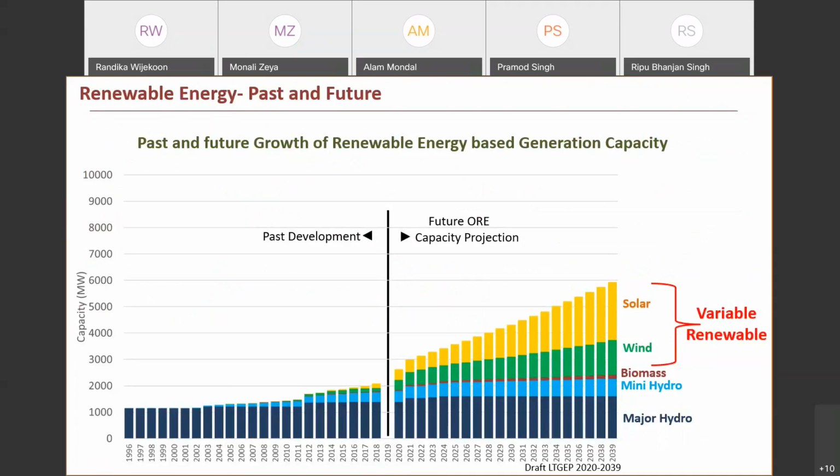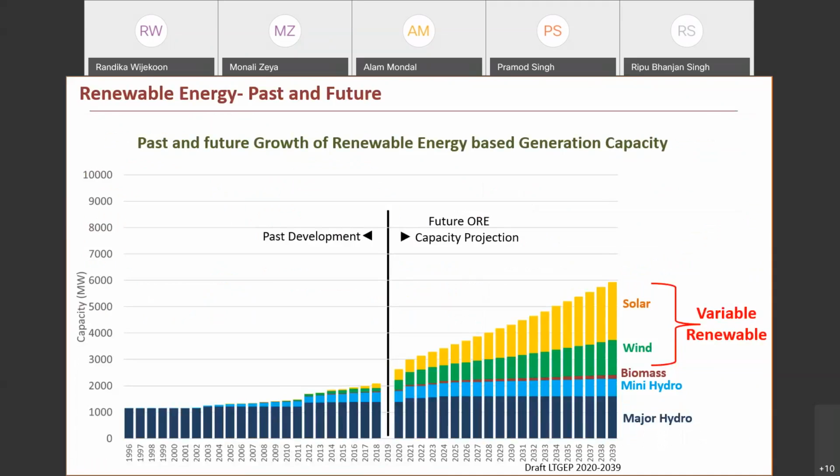Now, according to the present, existing plans, this is the level of development we are expecting from the renewable capacities. Within the next 10 to 20 years, significant growth will come from wind and solar capacities according to existing plans.